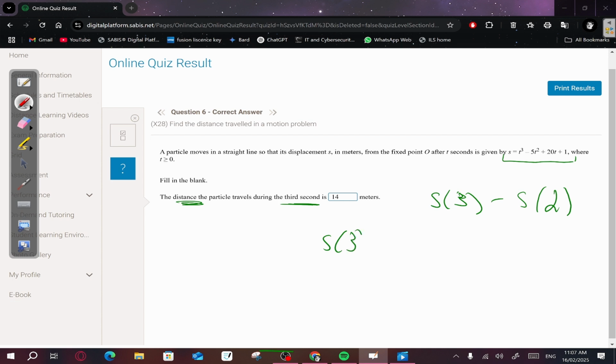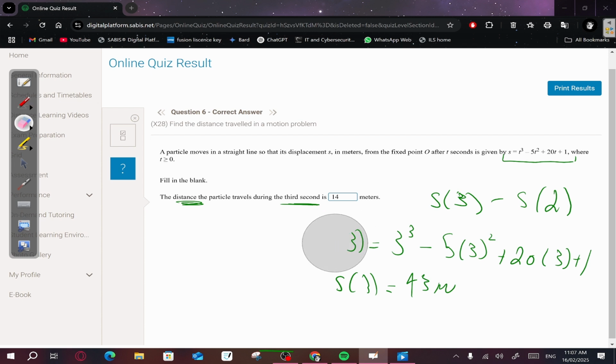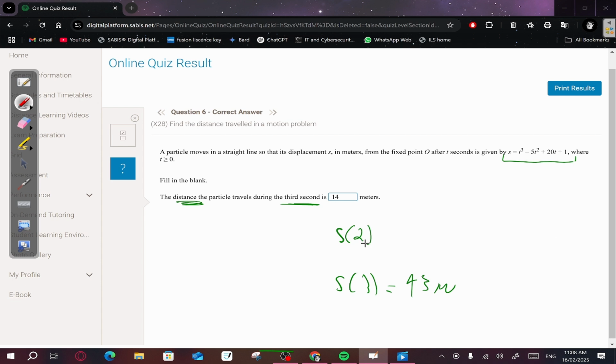So s of 3 equals 3 cubed minus 5 times 3 squared plus 20 times 3 plus 1, which gives me 43 meters. Now s of 2 equals 2 cubed minus 5 times 2 squared plus 20 times 2 plus 1, which is 29 meters.